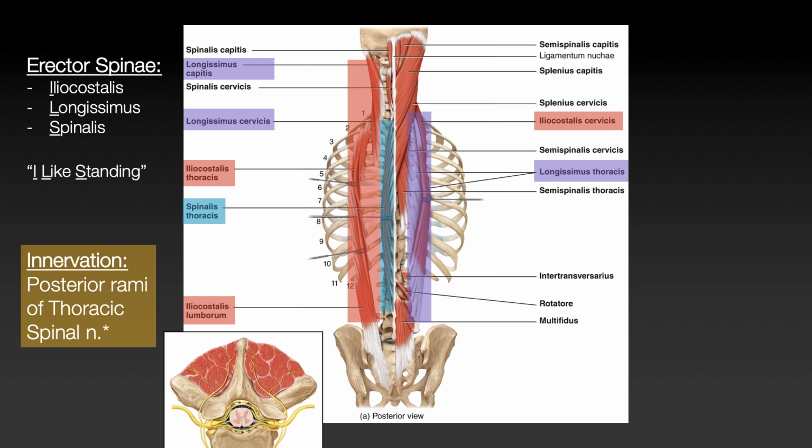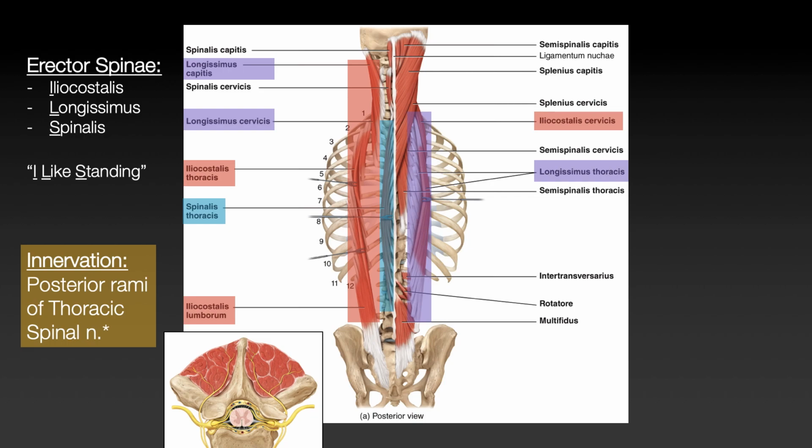This is asterisked here because I'm imagining that we're just looking at the muscles in the thoracic region. If we were in the lumbar region, they would be the posterior rami of the lumbar spinal nerves. If we were in the cervical region, the posterior rami of the cervical spinal nerves. And I pulled this figure back up.